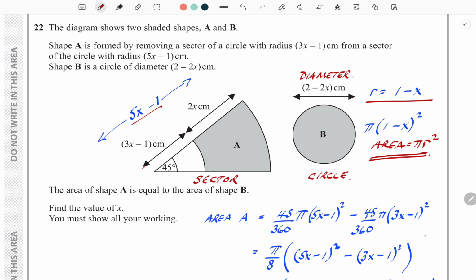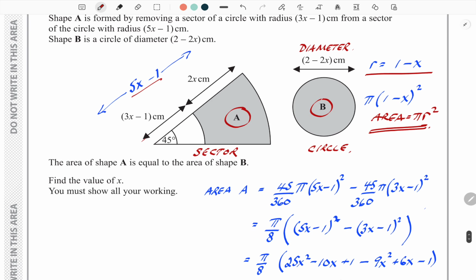Okay, so we need to solve for x by equating the area A and the area B. The area A, we know, is going to be the difference.